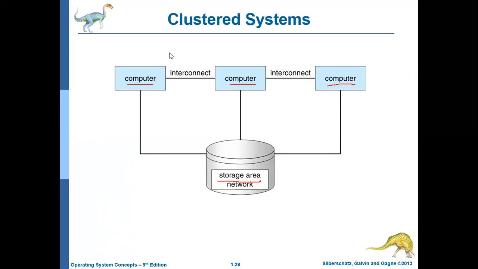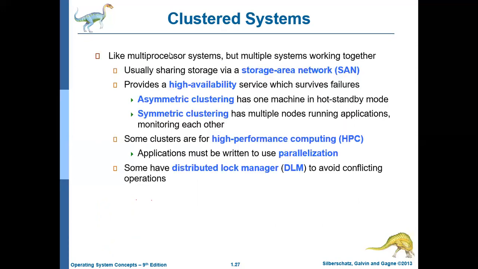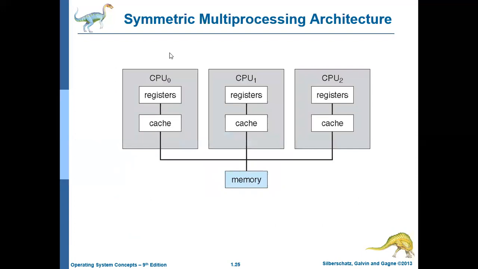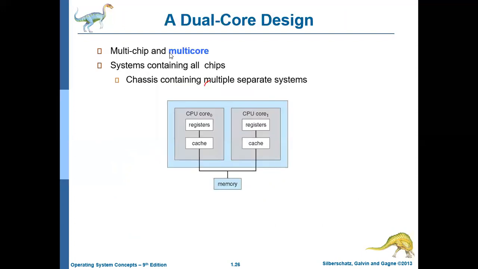So we'll stop for the day here. To summarize what we have discussed, we have discussed an example for a symmetric processing architecture, and we have discussed that a multiprocessor can be of two types. It can be either multi-chip or multi-core.